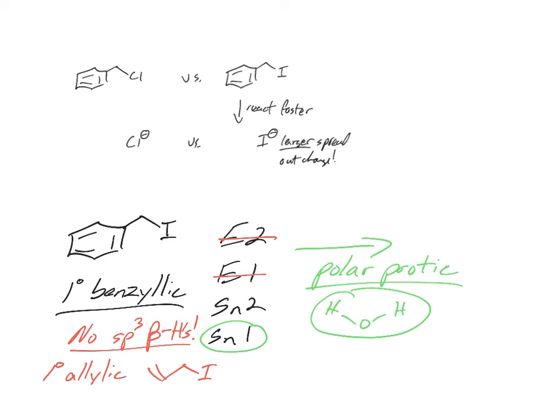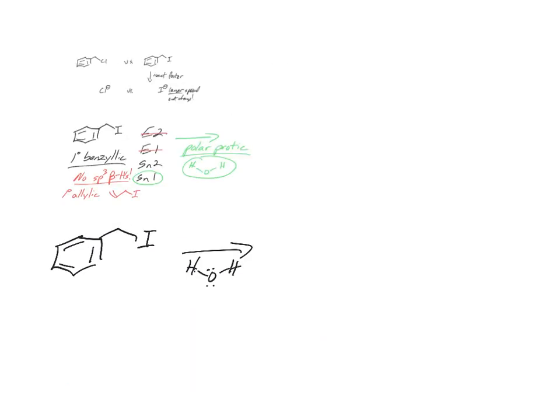So let's actually do this reaction. We have a primary benzylic electrophile. We have a weak protic solvent. This is going to be an SN1 reaction. We can't do E1 and E2, we said, because there are no beta sp3 CHs with this primary benzylic alkyl halide.